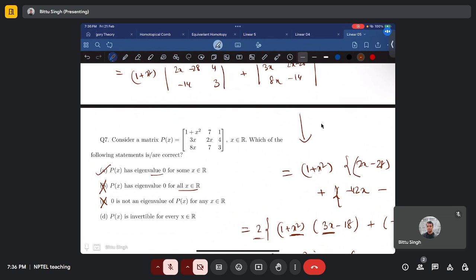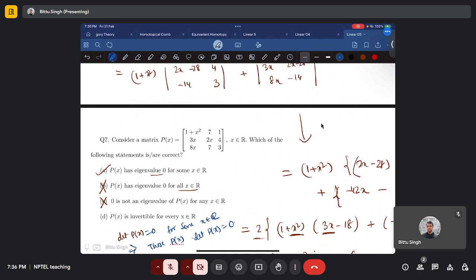Px is invertible for every x. No, this is also not true, because determinant of px equal to 0 occurs for some x. Therefore, for those px, the determinant is 0.